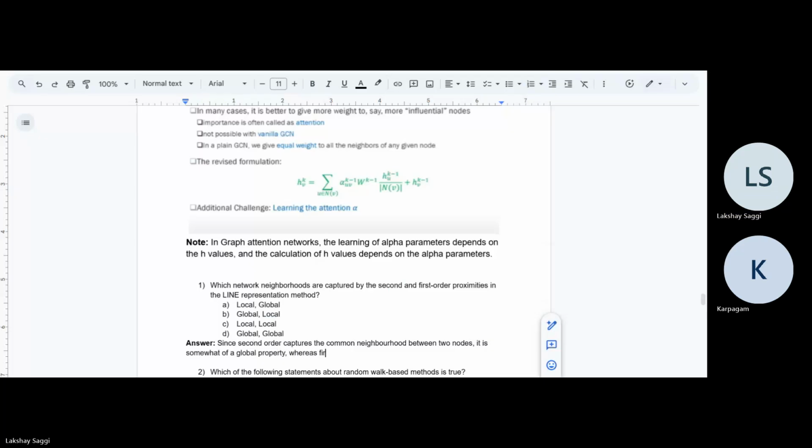Whereas first order proximity only captures the directly connected pair of nodes and hence is a local property.